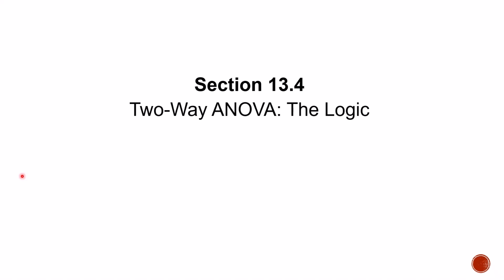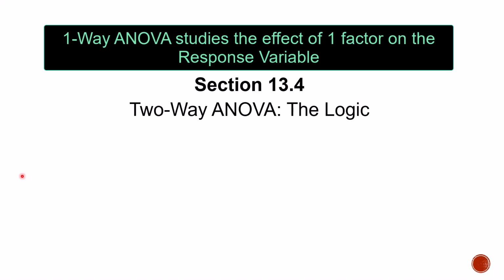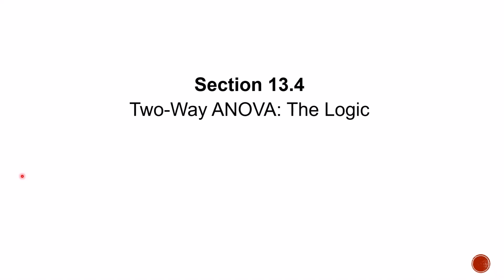And it would let us test whether region alone has a significant effect on energy usage. That was an instance of a one-way ANOVA analysis. We just focused on the region from which the sample was drawn, took measurements from the different regions on the energy consumption, and we did a comparison of the means.